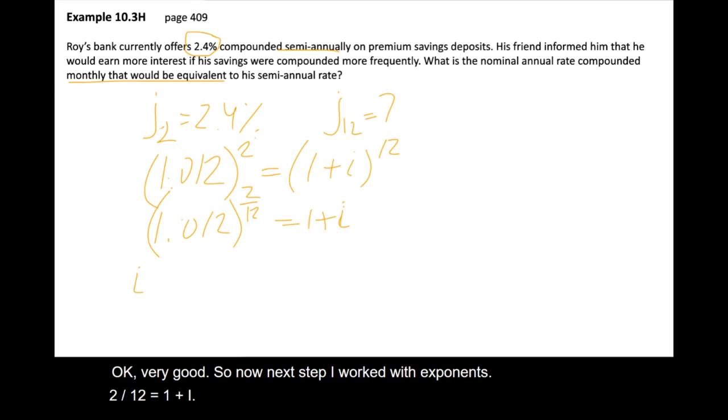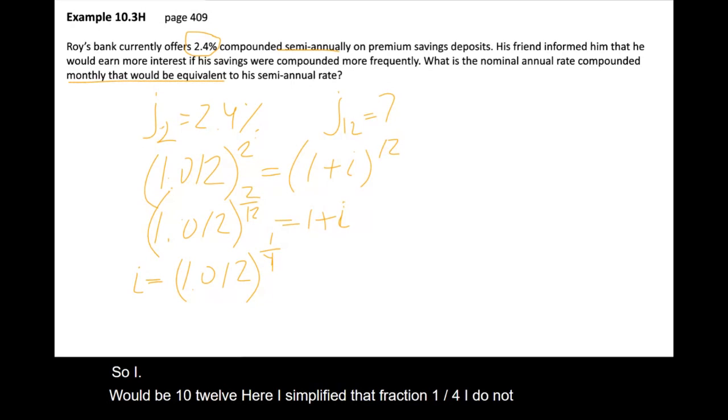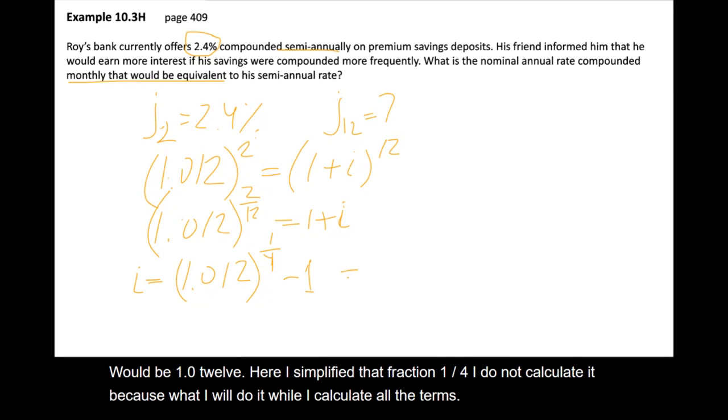So 1 plus i would be 1.012, and here I simplified that fraction, to the power 1 over 4. I do not calculate it by hand because I calculate the whole term. I have ways to do that, right?